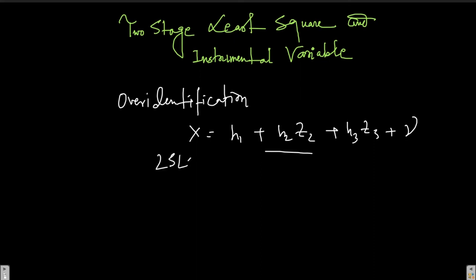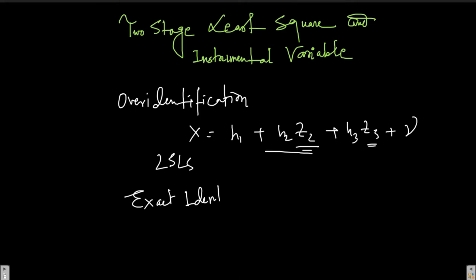Here the Z2 and Z3 all have to satisfy the properties of an IV. Whereas for exact identification, when my number of endogenous variables is equal to my number of instruments, we call it a case of IV.